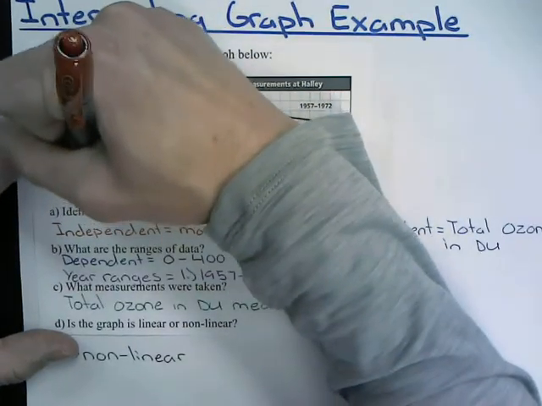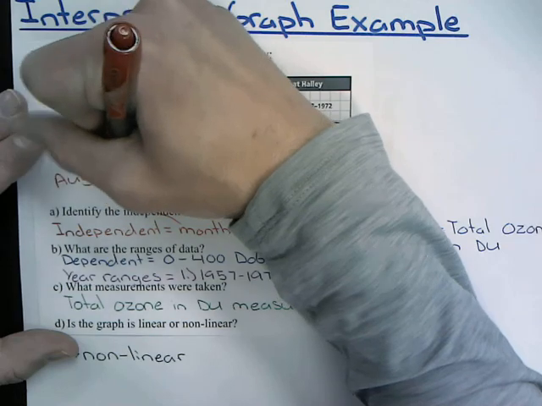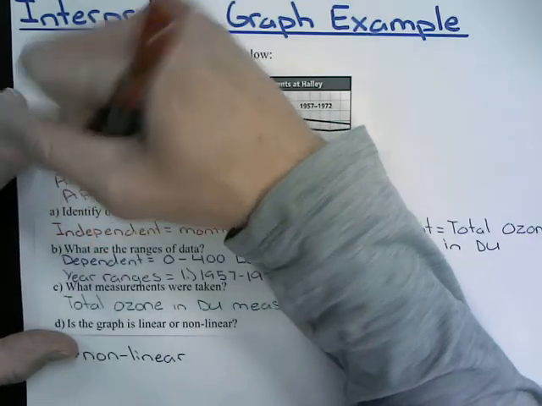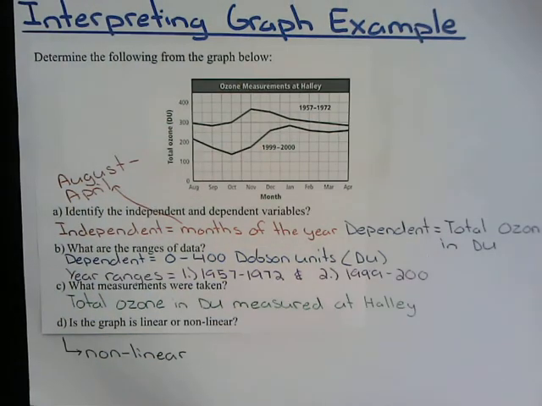So yes, they are months of the year, but not all 12 months. And the last thing I want to leave on here is that this graph is identifying a significant trend in ozone levels, and it's verifying the depletion of ozone.